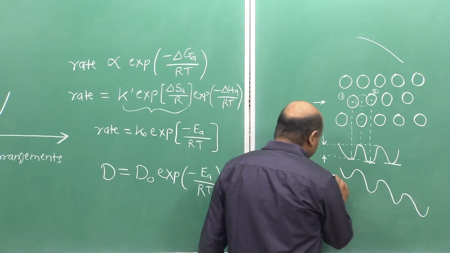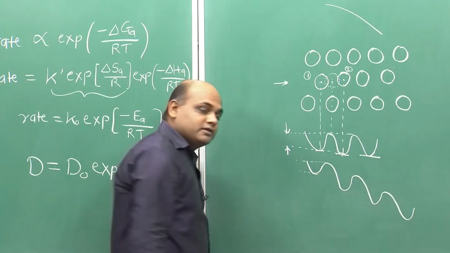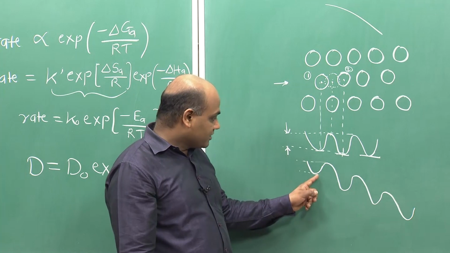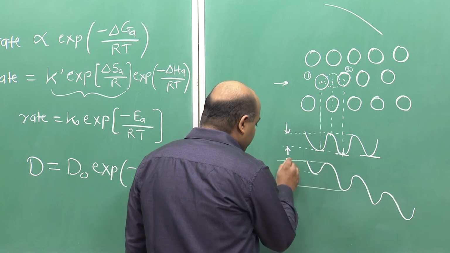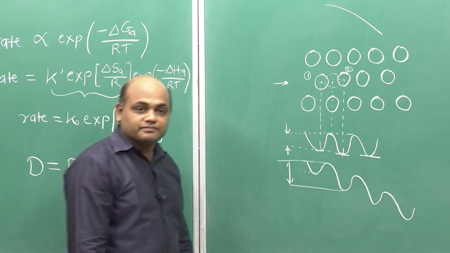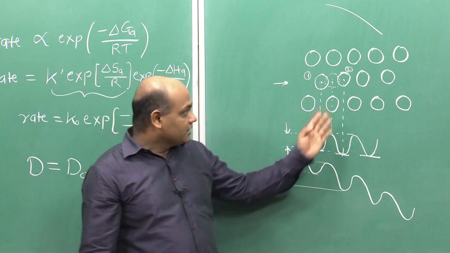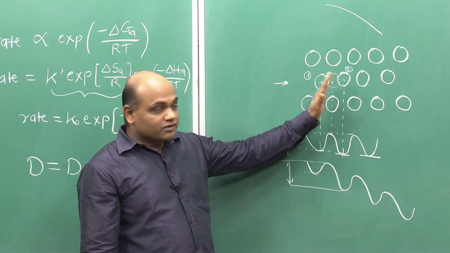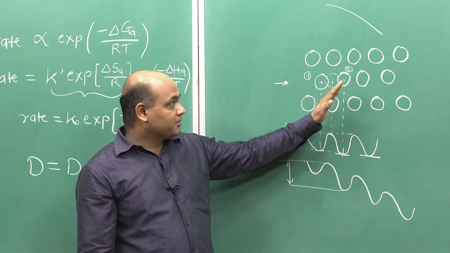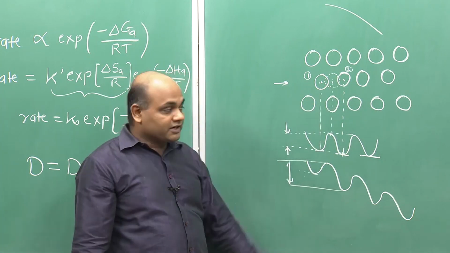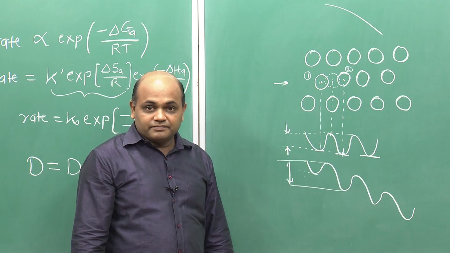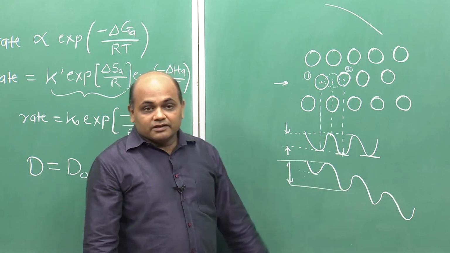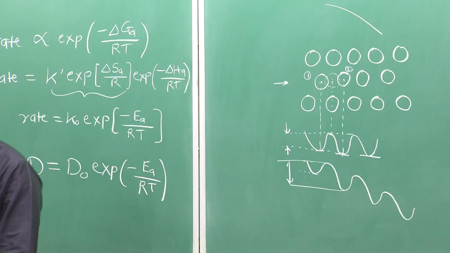So, obviously, the activation energy for the atomic jump from left to right is lower compared to that for the jump from right to left, right. So, at any given instant, the fraction of atoms jumping from left to right will be more than those jumping from right to left, and in effect there will be a net flow of atoms from left to right. And so we say the gradient in chemical potential is the fundamental driving force for diffusion.